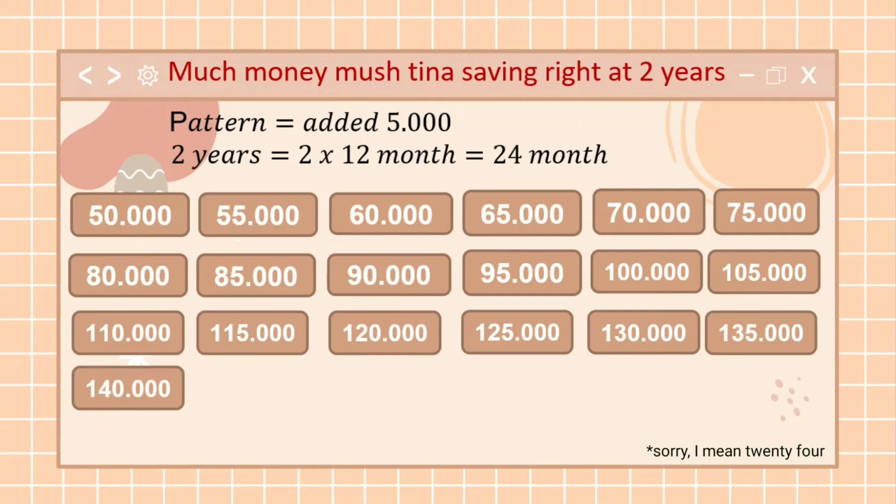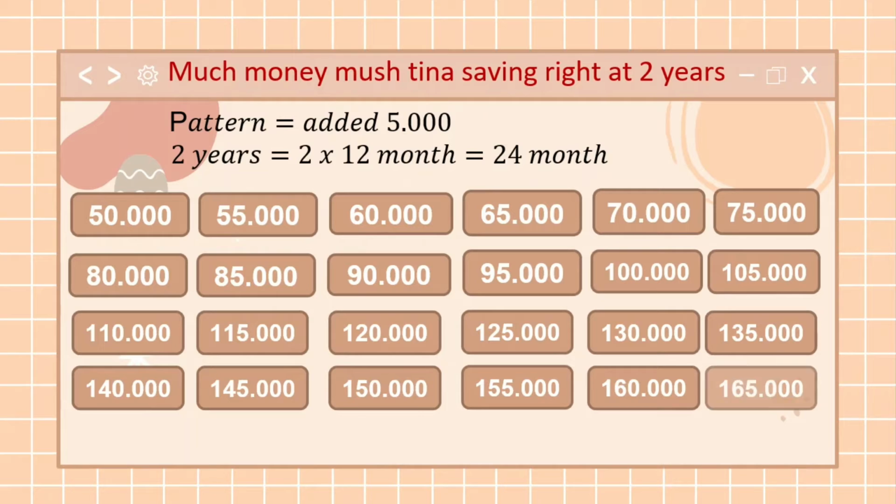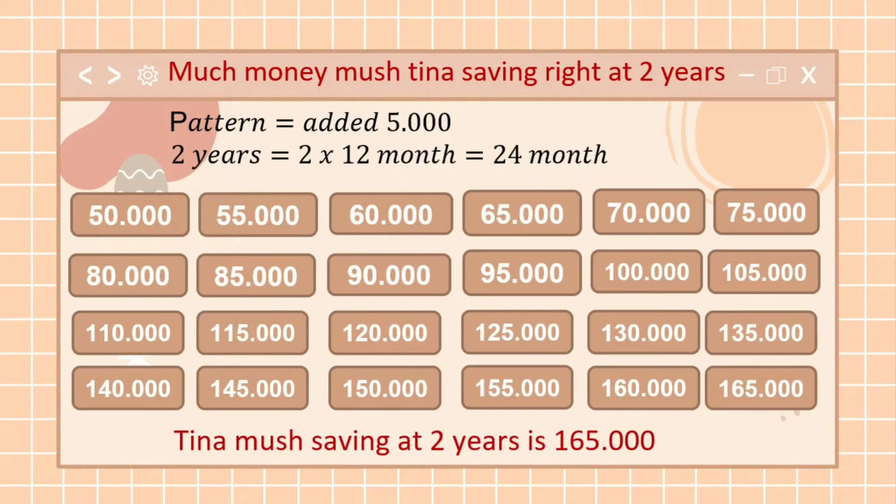Into 24 months is 165,000. So, Tina must save at 2 years 165,000. This method can be used, but it takes a long time.